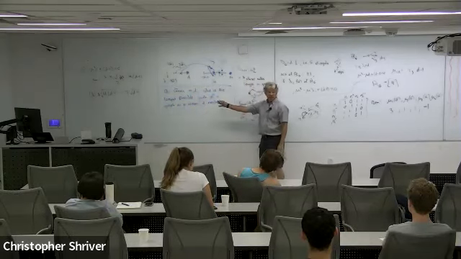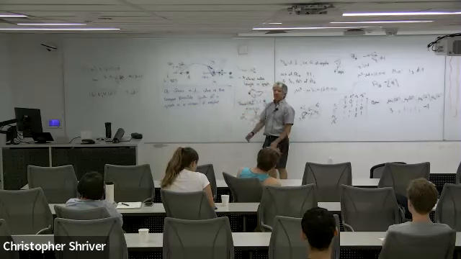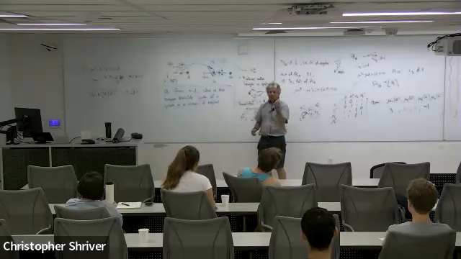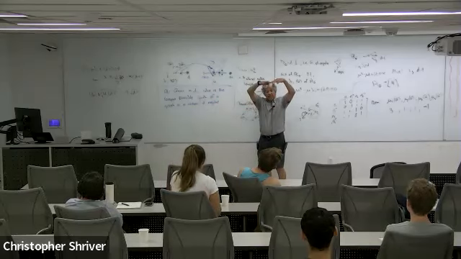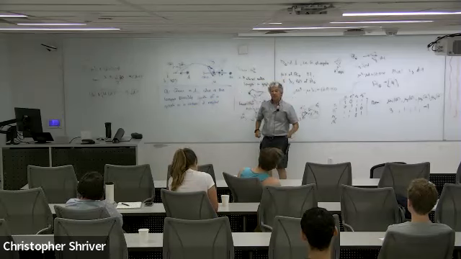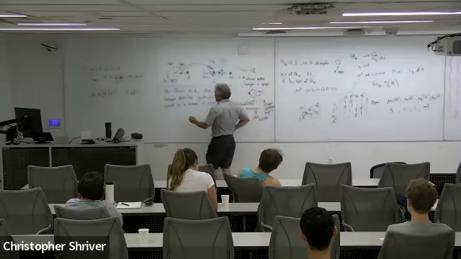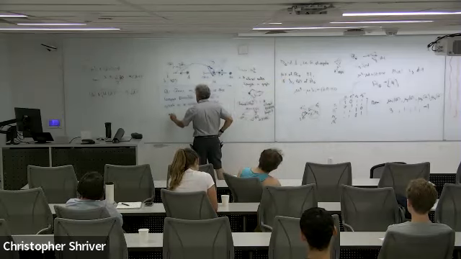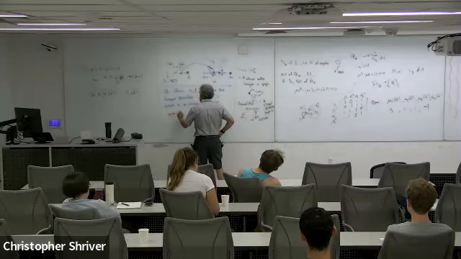The girth is just the length of the shortest cycle. In other words, to link to Ahmed's talk yesterday, it's kind of how far the thing looks like a tree locally. So the girth is the length of the shortest cycle.